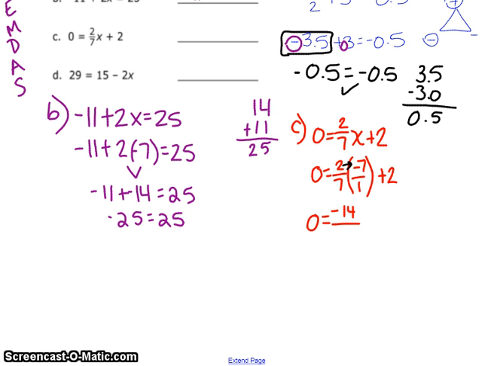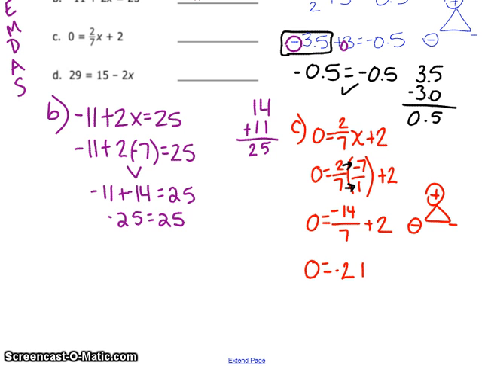And I know that 7 times that 1 is going to be 7. And then I add 2, because I just bring everything else down. So now I have 0 is equal to negative 14 over 7. I know that fractions mean division, so I divide 14 divided by 7, and that gives me 2. And again, I can use that triangle to determine if it should be positive or negative. We'll have a negative divided by a positive, so my answer is negative.